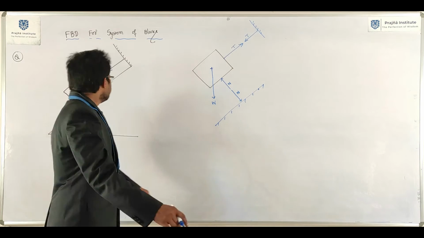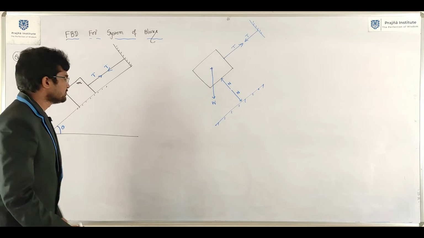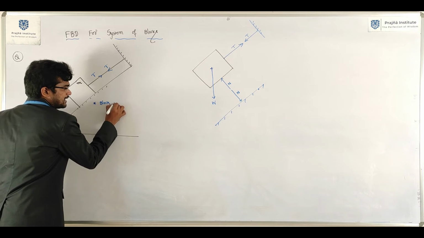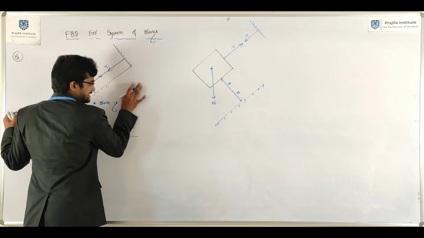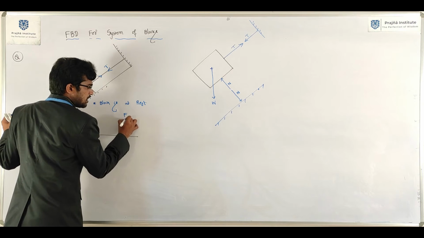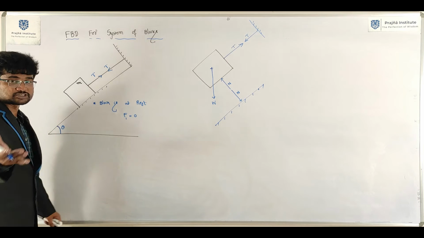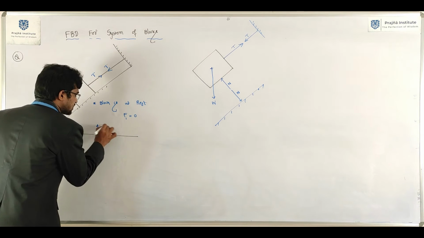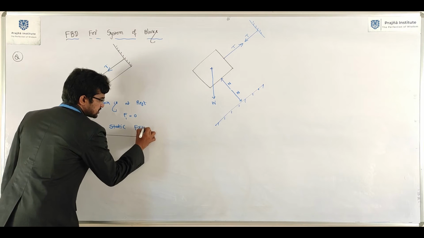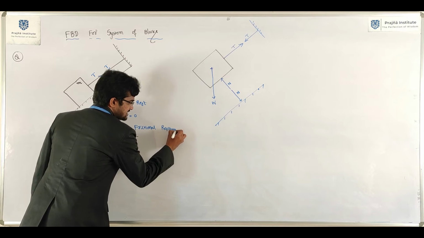Fourth statement: whether the block is in motion or not. Tell me, the block is not in motion, the block is at rest. Inertia force equal to 0, no inertia force, it is not in motion. Static frictional force comes into picture, we need to take static frictional resistance.